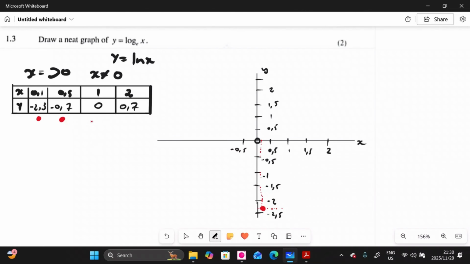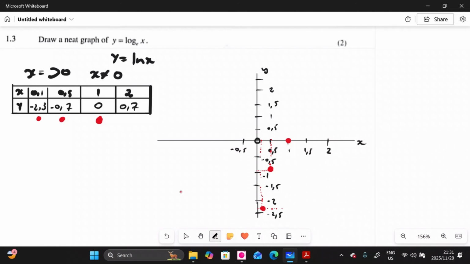Then let's look at this point here. When x is 0.5, our y is going to be negative 0.7. So 0.5 is here. You draw a vertical line again. Negative 0.7 is very close to negative 1, so it's somewhere there. There we go, this point there. And then when x is 1, our y is 0.